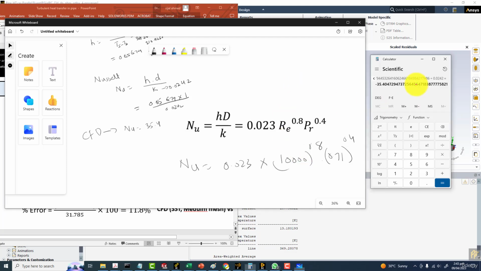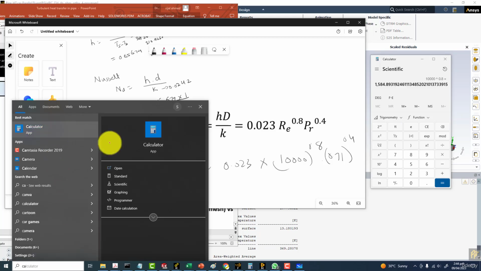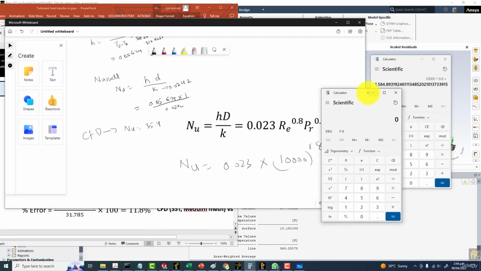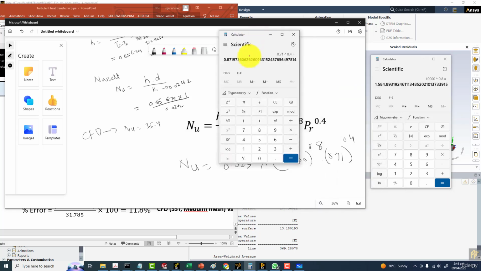Now 10,000 power 0.8, and open the second calculator, and 0.71 power 0.4. So this value is 0.817 something.